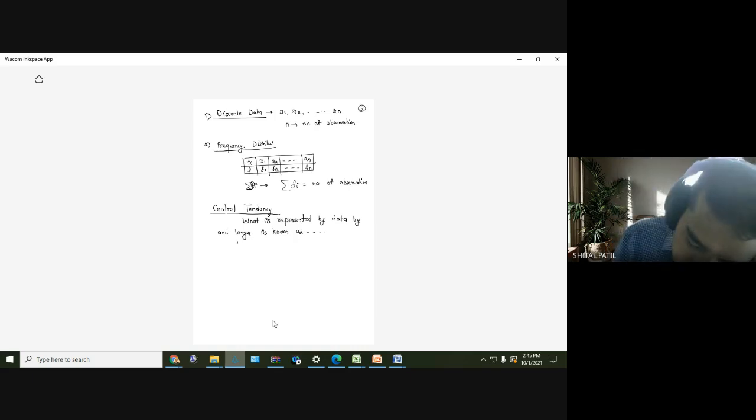Right. Methods to find central tendency are, one, arithmetic mean.